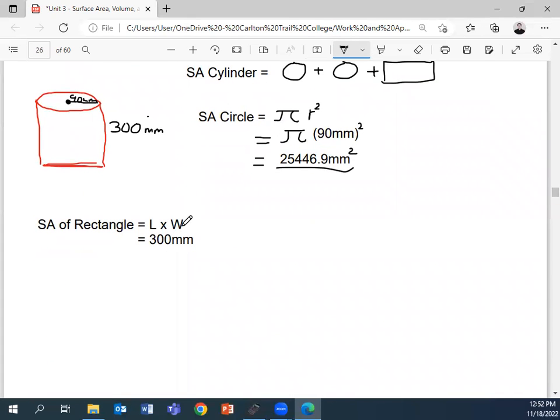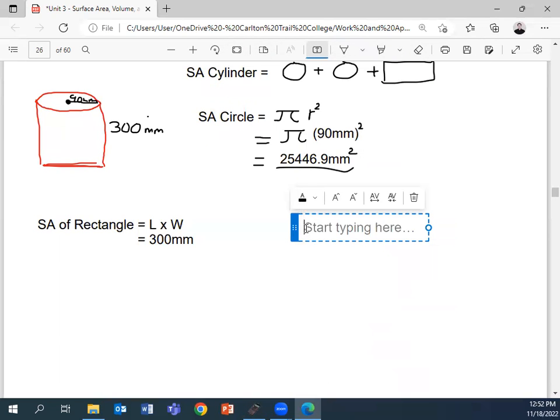So before I can find the width of it, I'm actually going to go to a different section here, and I'm going to find the circumference. Circumference of what? The circle. So how do I find circumference?